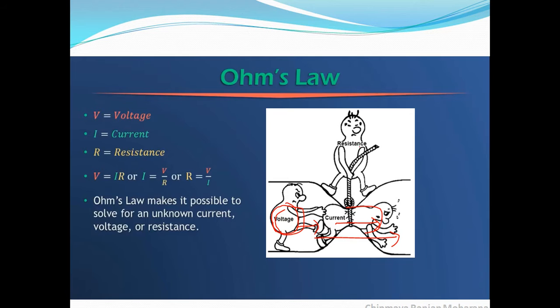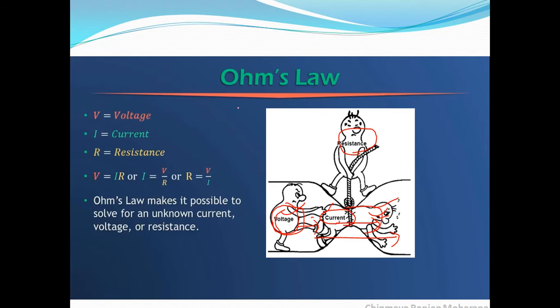Another silly person is opposing that person from going this way. The silly person is called resistance. The person who helps, or kicks the other person, is called voltage, and the person moving from this side to this side is called current.